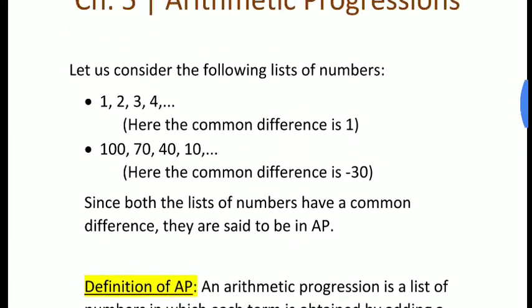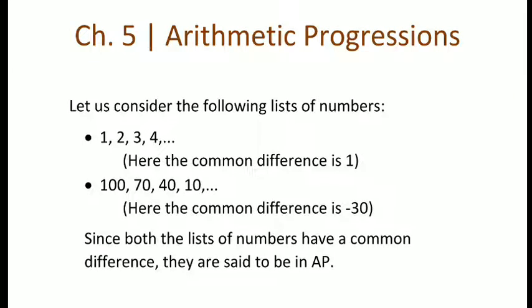Each number in these progressions is called a term. So in the first group, the first one is called the first term, the second one the second term, the third one the third term, and the fourth one the fourth term. In this way you can name the terms.